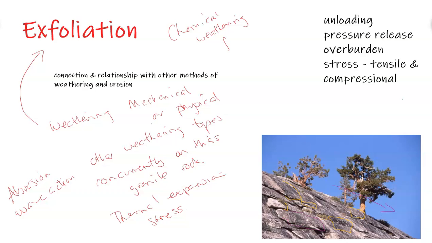Once these fractures or exfoliation joints or joint sets are formed, these conjoined elongated fractures are joined up, then you're going to have a lot of access to the inside of the rock for any kind of salt wedging, freeze-thaw, or hydrolysis, with the breakdown of just simple water over time with the granite.